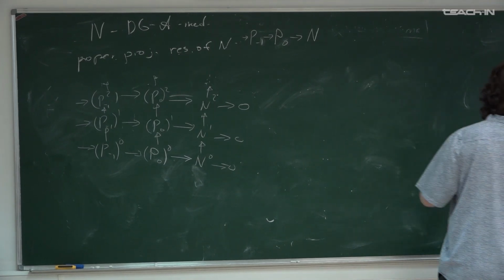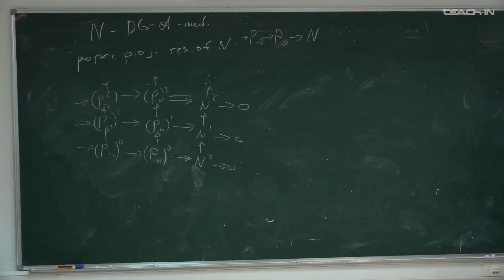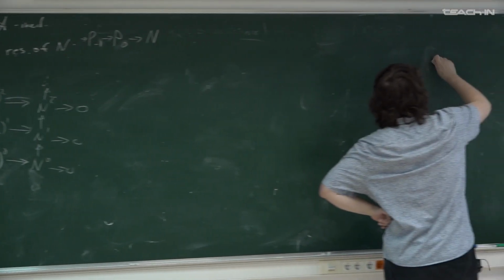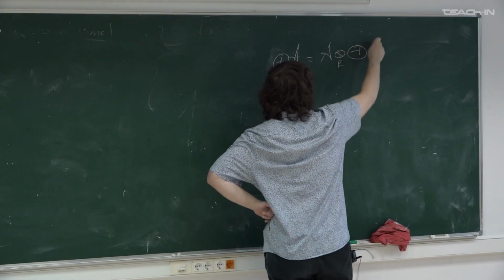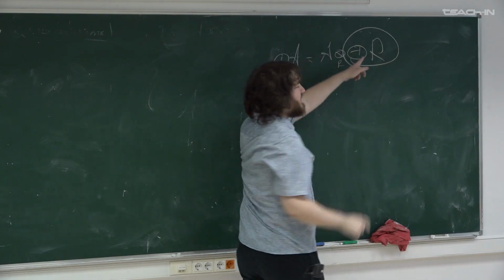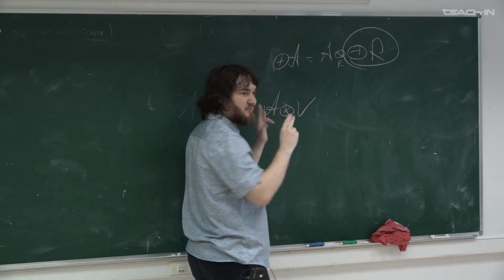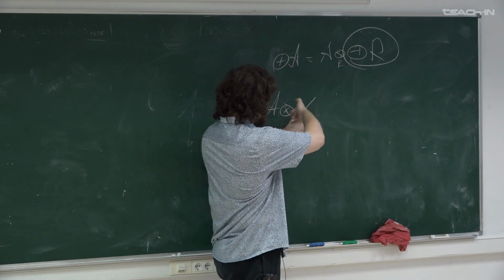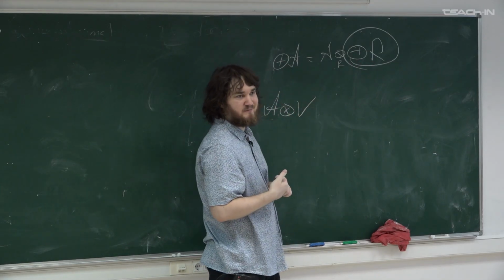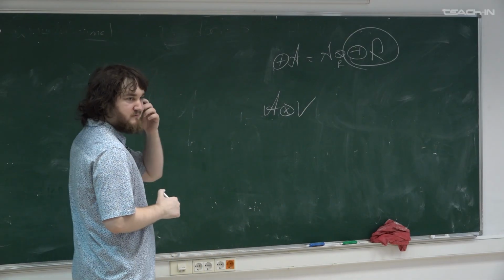For example, I have some differential on V. The free module is a direct sum of A, just A tensor V without differential, and here I have some differential on V, so it's a free module with some differential. If I have no differential here, it's some differential on V and some differential on A. It's different things in general.